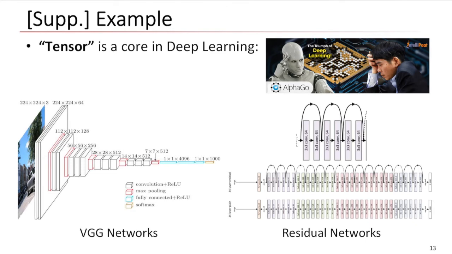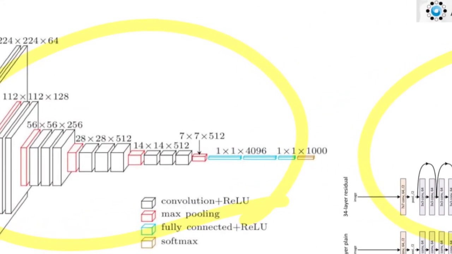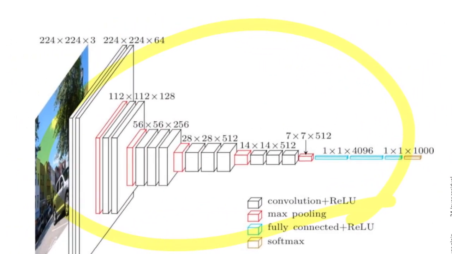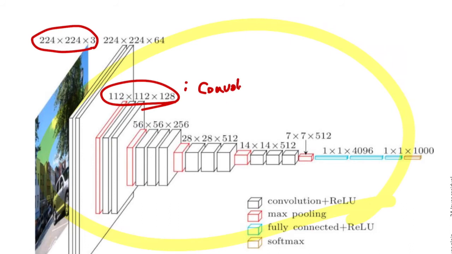Anyway, the deep learning architecture looks like this and this. This is called the VGG network, and this is called the LeNet network. You don't need to remember this, but just see. When we see the architecture in detail, it looks like this. The input consists of some tensor notation, and the core of this deep neural network is the convolutional activation.